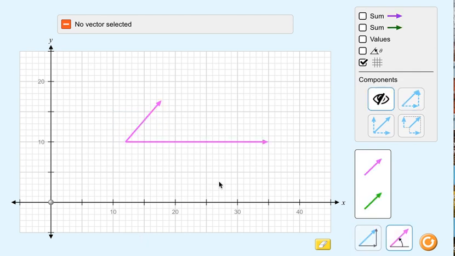Okay, so imagine that I've got these two forces acting on an object. So I could use the tip to tail method, and I could do that, and draw an arrow from there to there. But the method really that you need to know is this parallelogram method, and for that then you need to draw the parallelogram. So we need to draw this arrow in here, and that's got to be at the same angle.